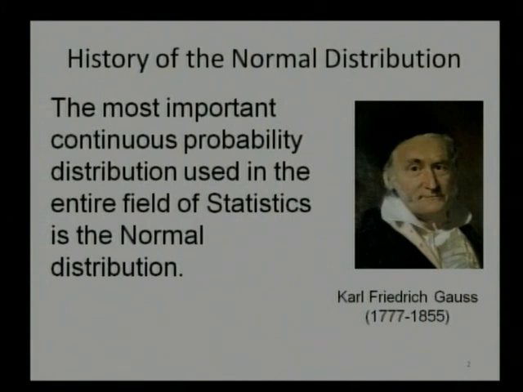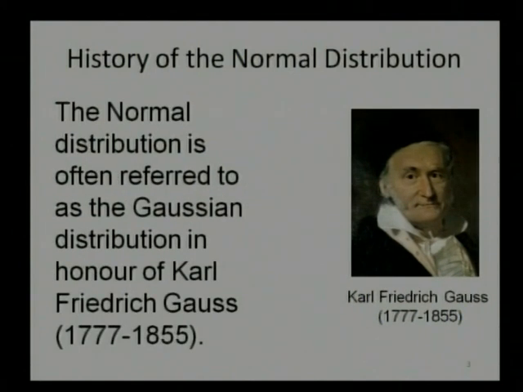Here again, the history of the normal distribution. The most important continuous probability distribution used in the entire field of statistics is the normal distribution, and the founder was respected Carl Friedrich Gauss, 1777 to 1855.